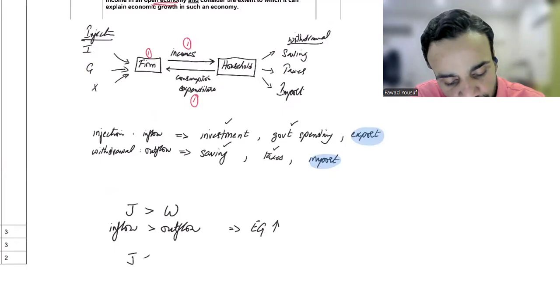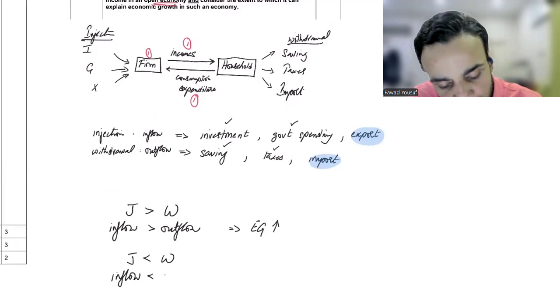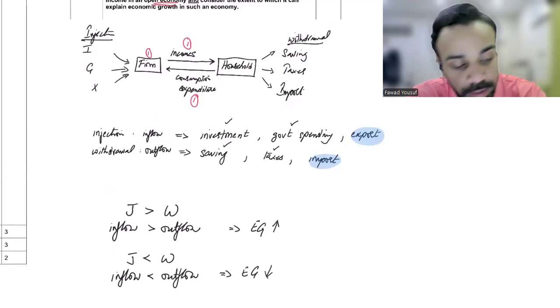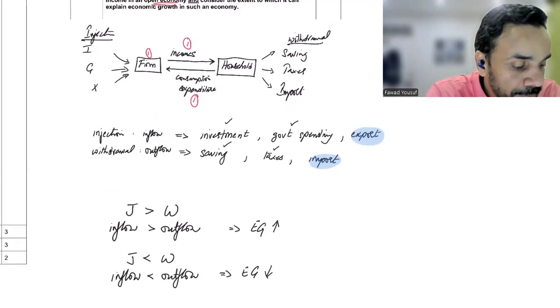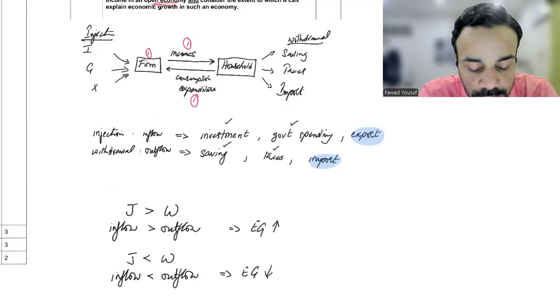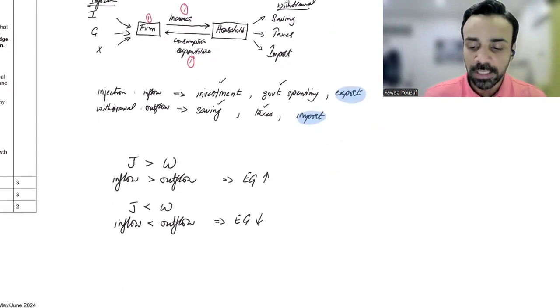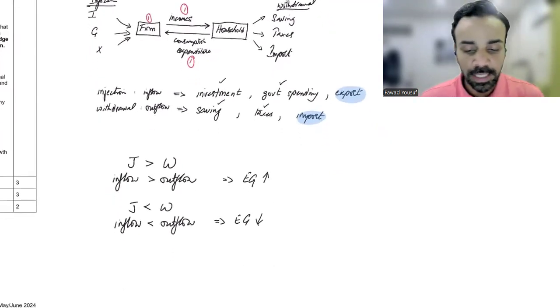If the injection is less and withdrawal is more, so that means inflows are less and outflows are more, then your economic growth is going to fall. You understand? So in this way we can discuss it. This would be considered your 3-mark explanation.